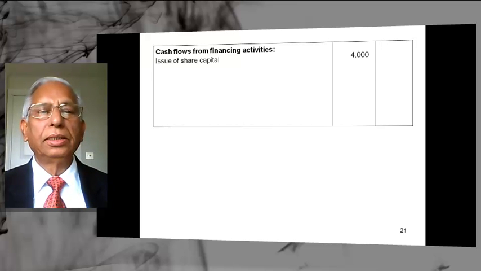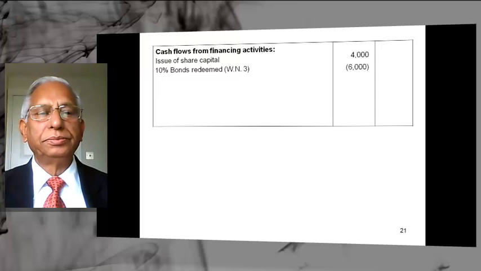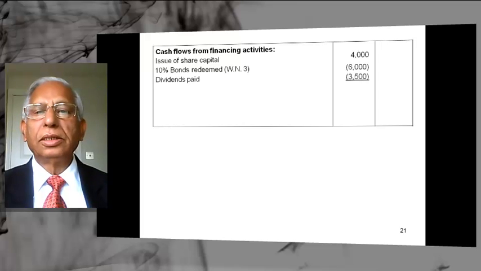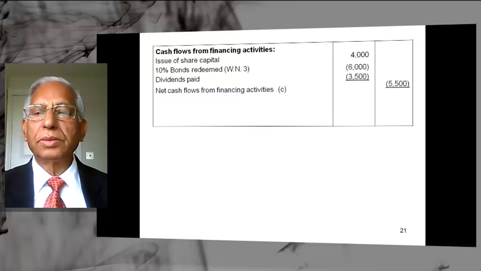If share capital or debentures are redeemed, then it will be an outflow. 10% bonds were redeemed. Working note 3 will further explain this. It is 6,000 rupees. Dividends paid, 3,500 rupees given in the question. Net cash flows from financing activities, segment C, 5,500.